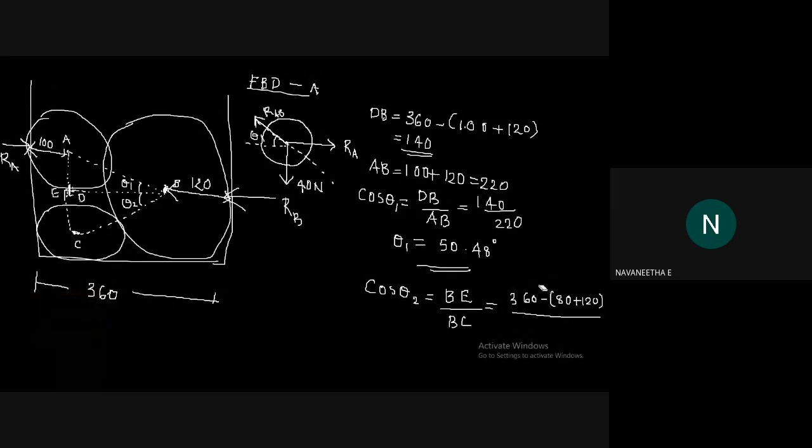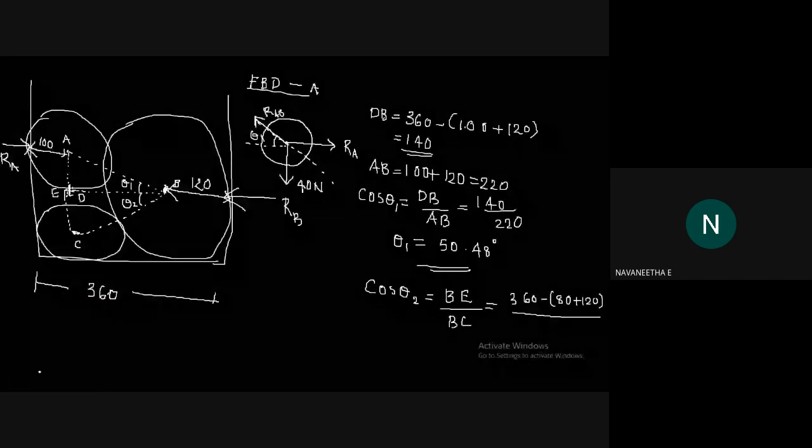BE is 360 minus 80 plus 120. And then what is BC? Radius of C plus radius of B. That is simply 80 plus 120. So what is the value of theta 2 here? Find the value of theta 2. Tell me what is the value of theta 2.